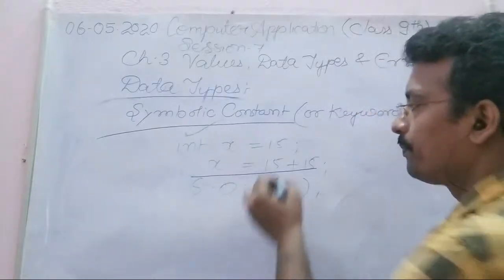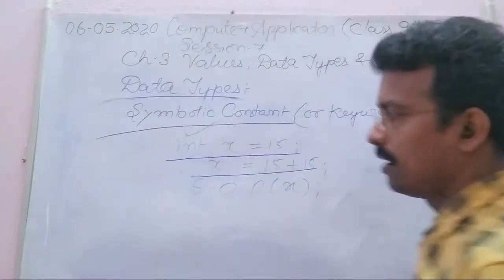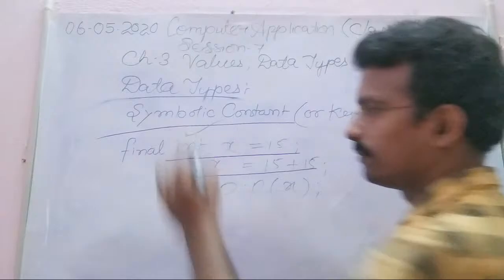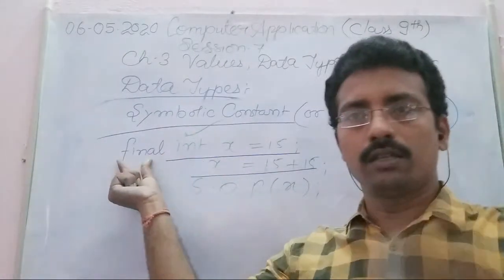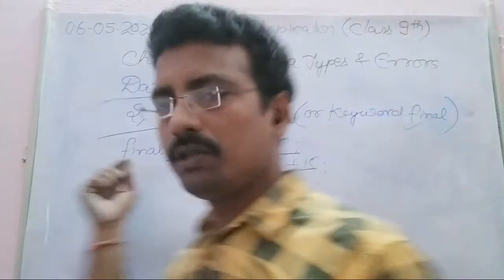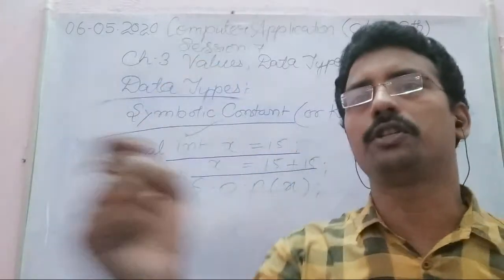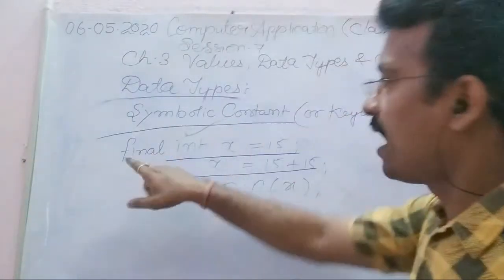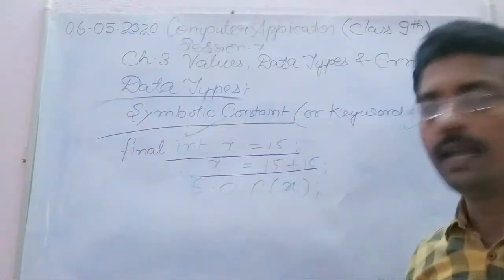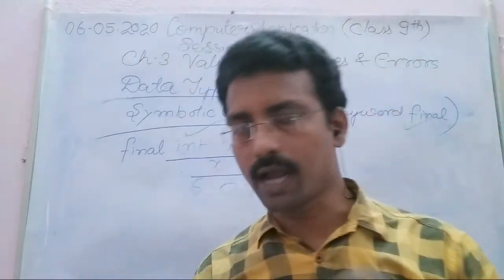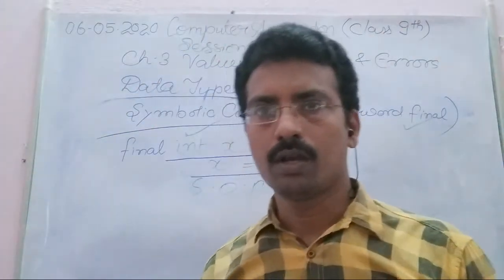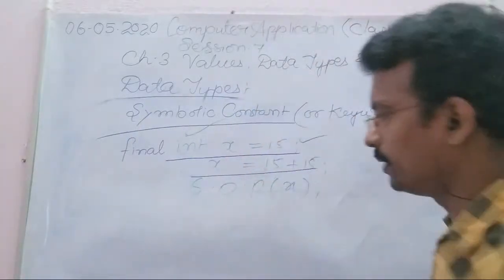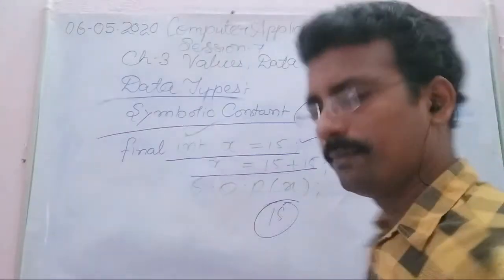I will write final in front of this statement. This keyword is used to make a variable's value a fixed value which is not going to change by different operations. If I have written final integer x equal to 15 and this statement is given in your examination and it is asked what will be the output, without making any calculation you just watch this first value and write that it will be 15.